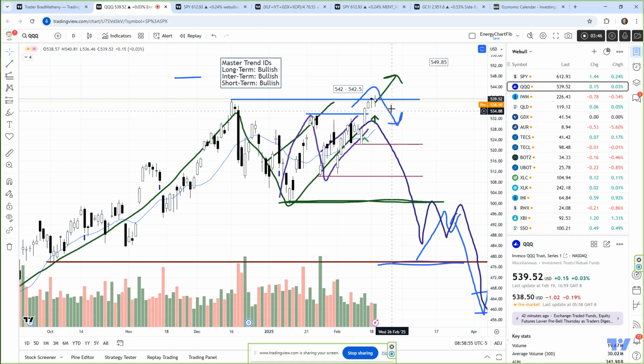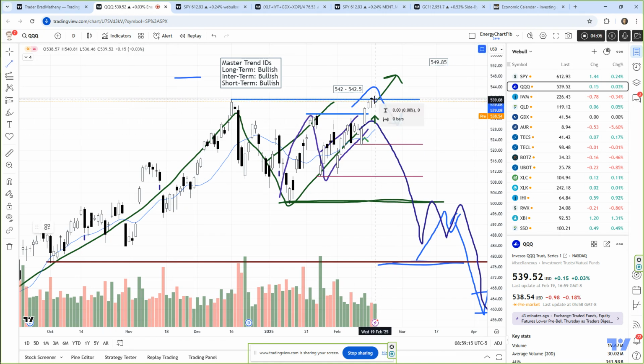So when I talk to you about my warning of a potential breakdown, it's because we have a lot of air between this area and this area and this area, which is the ultimate low down here, recent ultimate low or unique low. We have a lot of air.